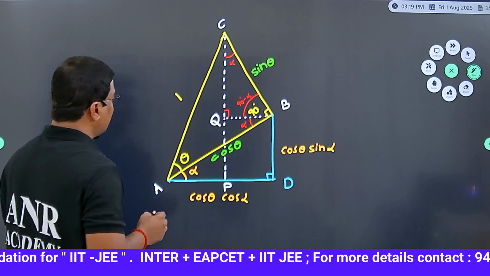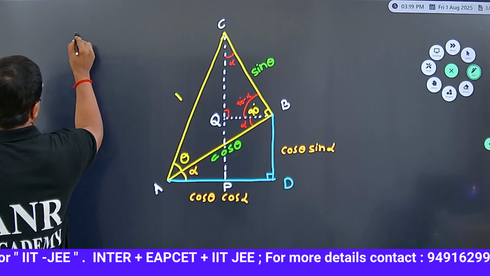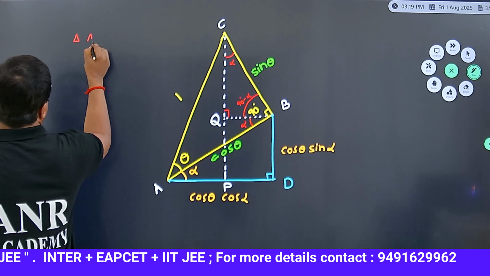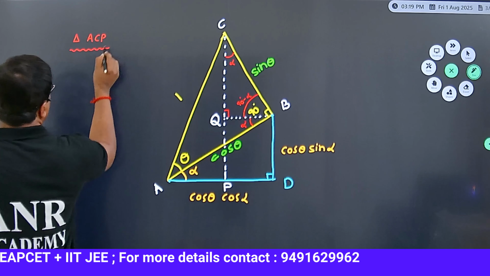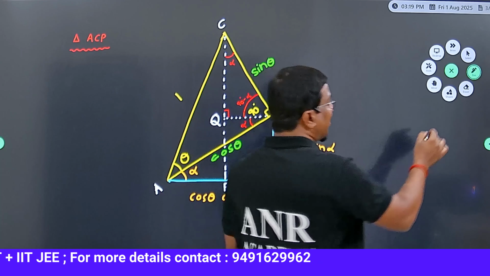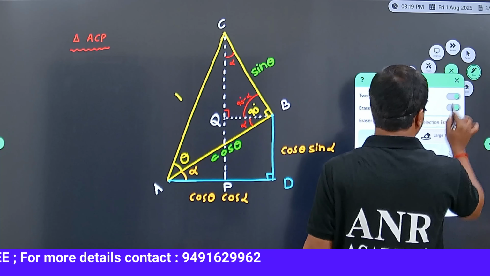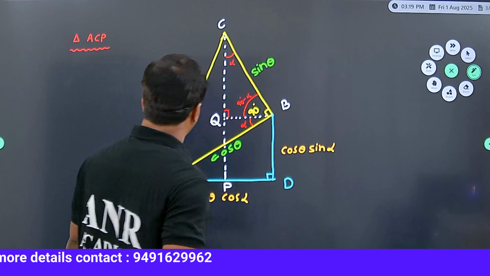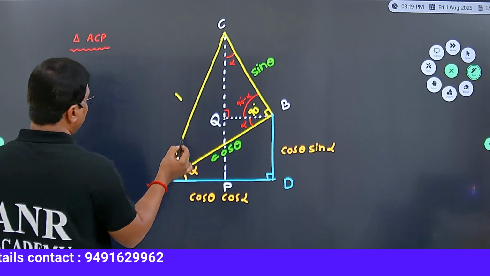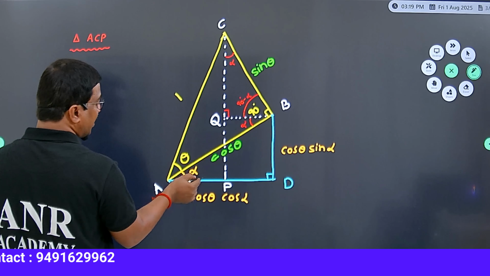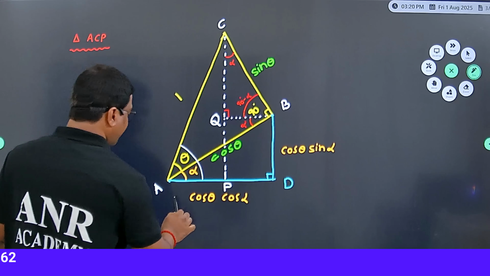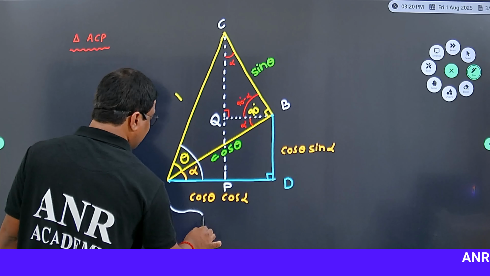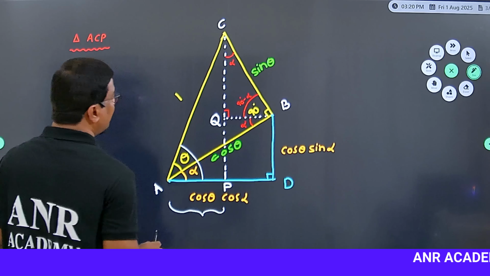Now let us observe triangle ACP. Using triangle ACP, I am going to write horizontal and vertical components. Yes, from triangle ACP, here it is theta plus alpha, and this one is the horizontal component.